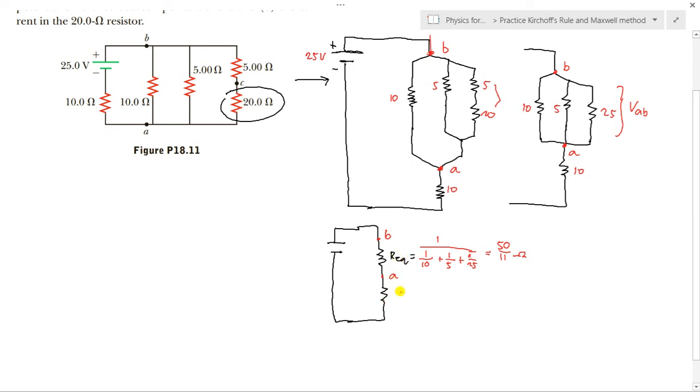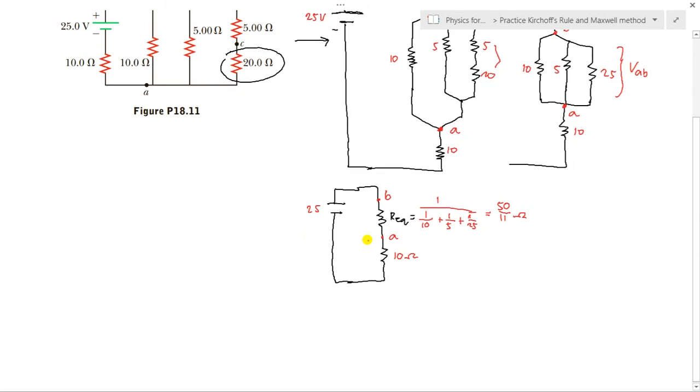Here it is simplified because we only have two resistors connected in series, and finding the voltage across nodes BA is very simple, because we are given the 25 volts total voltage. Okay?